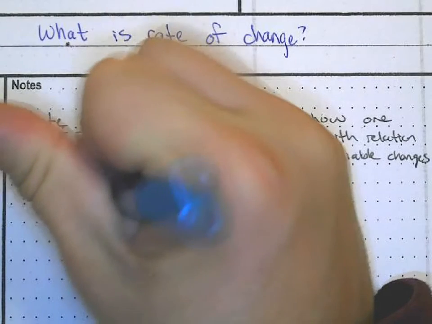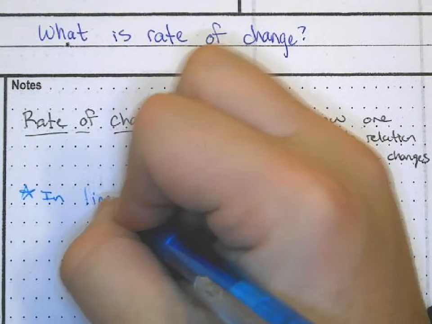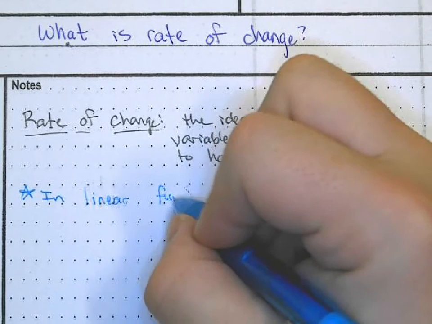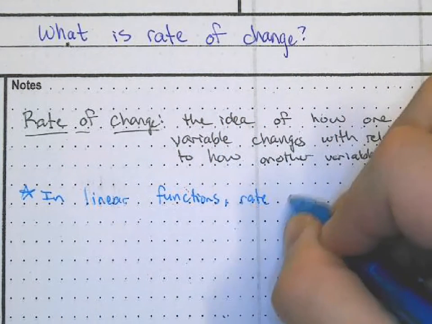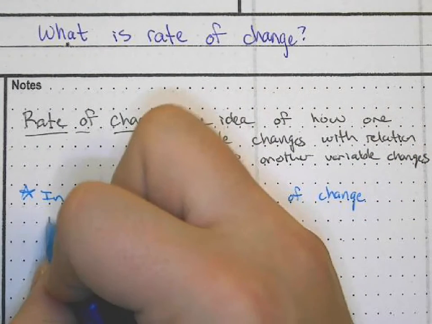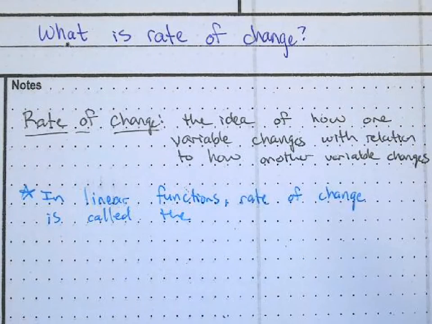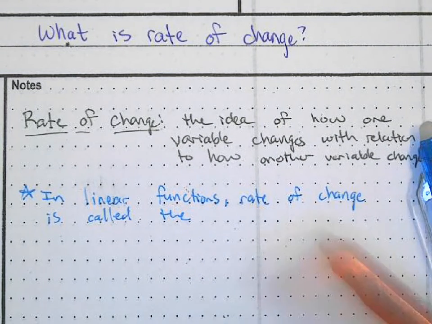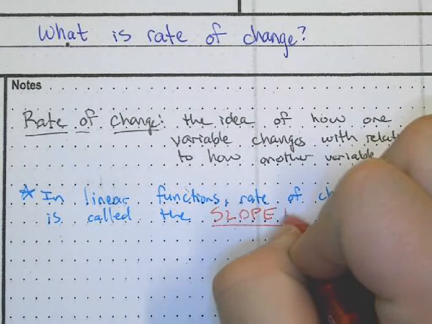In linear functions, rate of change is called the slope.